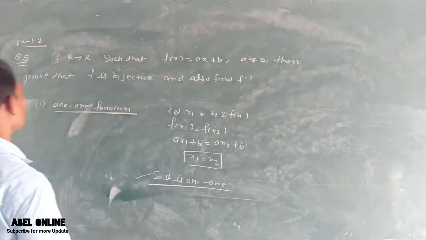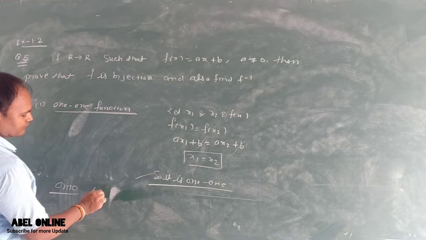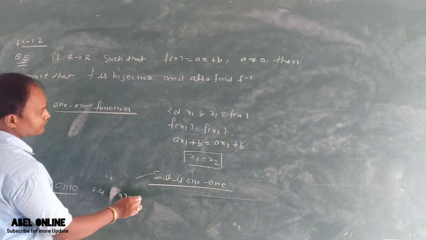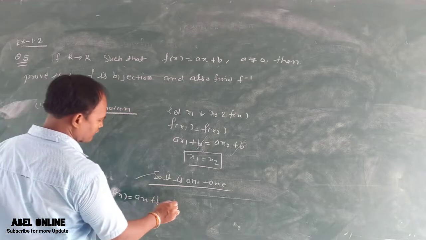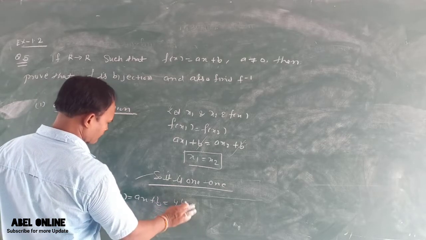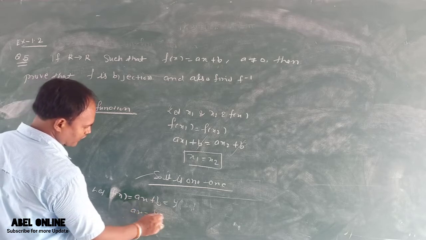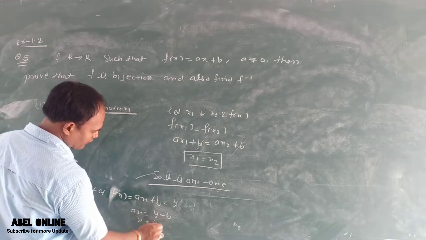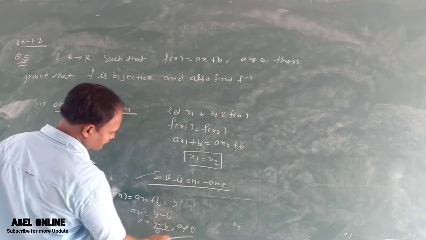Now if it is one-one, how can we solve onto? Let f of x equal ax plus b equal y. Then x equal y minus b by a, where a is not equal to 0.